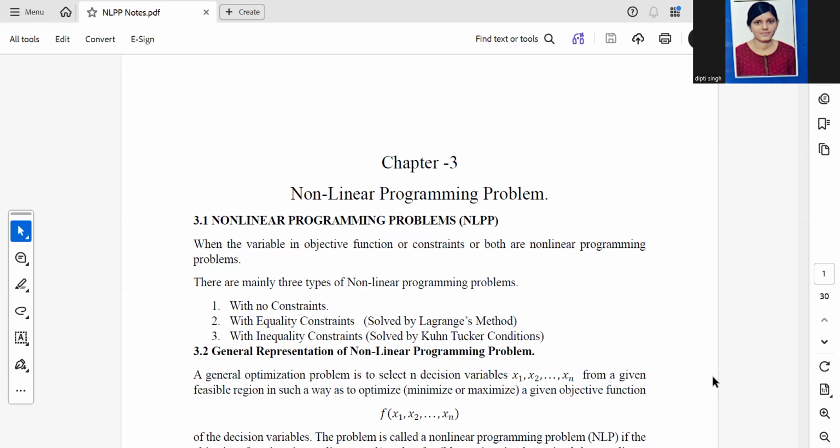The first case is when only the objective function is nonlinear and all the constraints with equality are linear. It may also happen that both the objective function and all the constraints are nonlinear, and it may happen that the objective function is linear but the constraints are nonlinear.